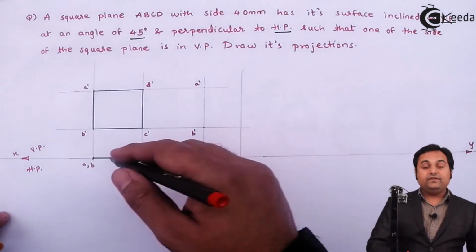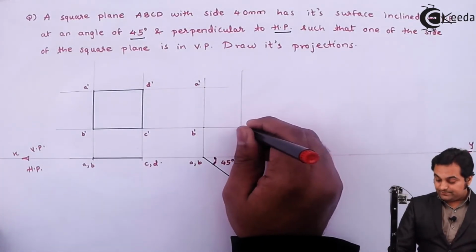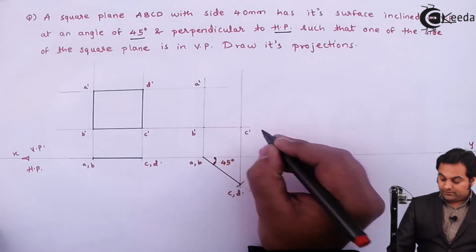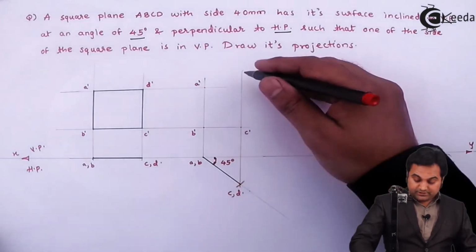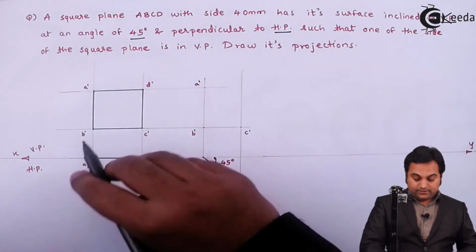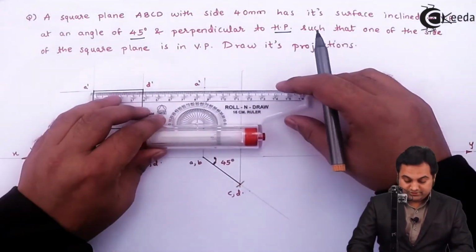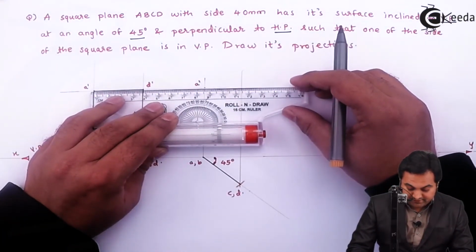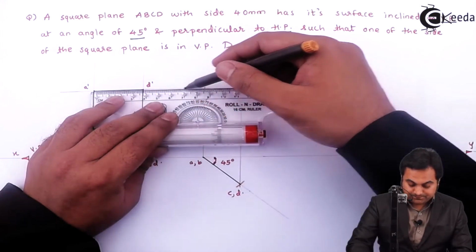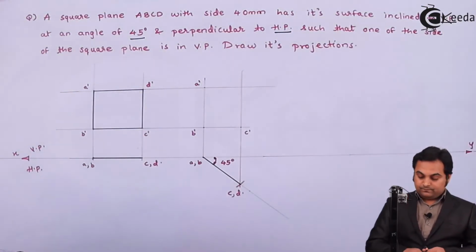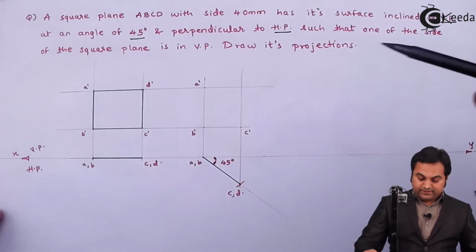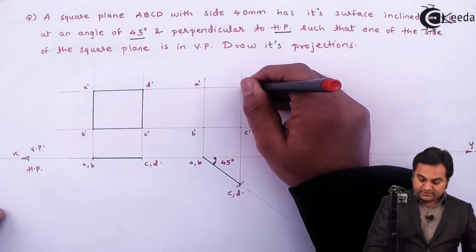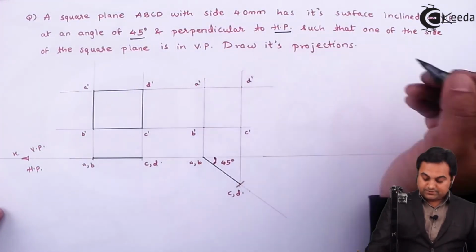Where point C and C dash intersect, that will give me the point C dash. Similarly D and D dash, here A dash D dash are coming onto the same level, so this same line will be extended. Now where D dash and D intersect, that will give me the new point D dash.